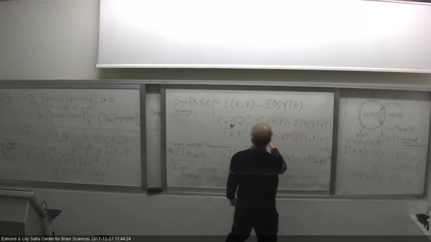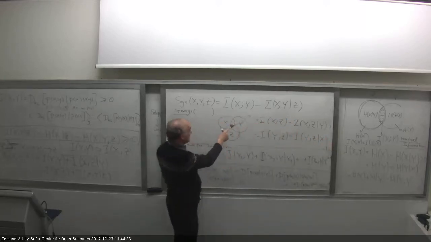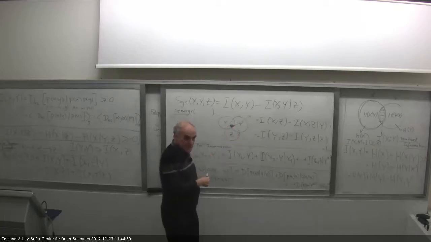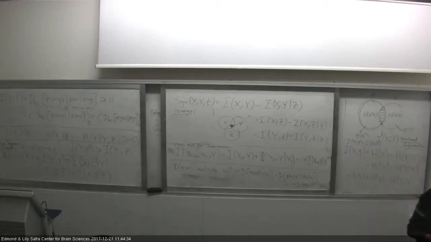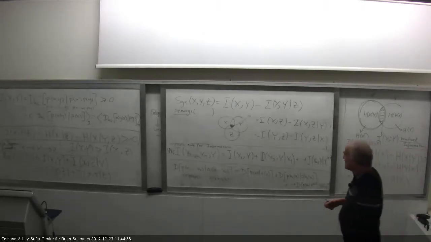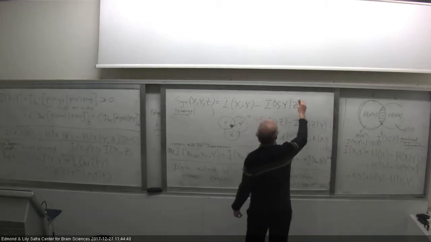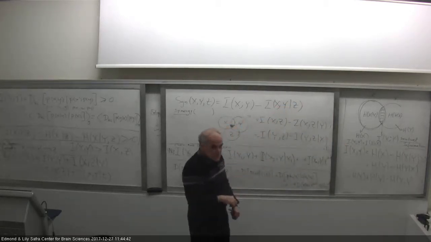So all these three things are three different ways of writing it as this difference, or this difference, or this difference. Now, this funny thing, which we call the synergy of the variables x, y, and z, is a symmetric quantity in some sense. It can be 0, positive, or negative.